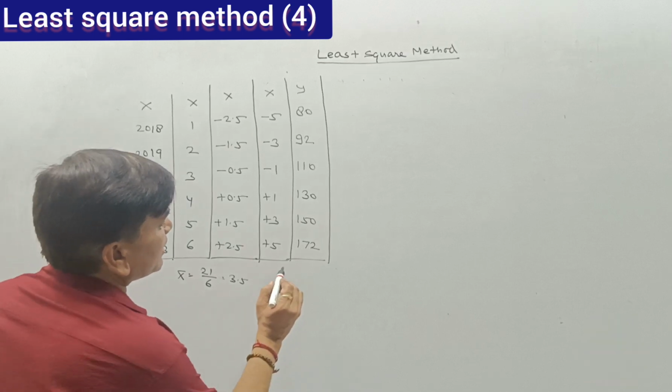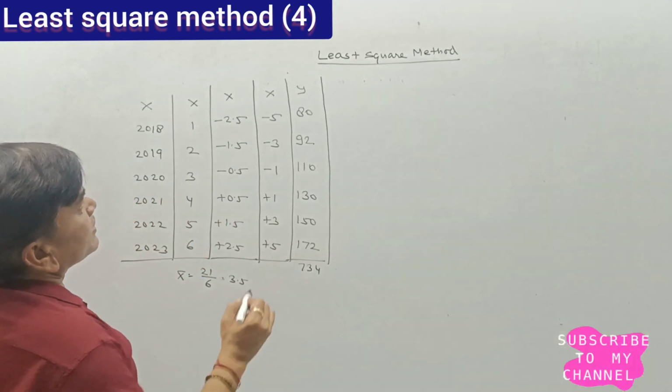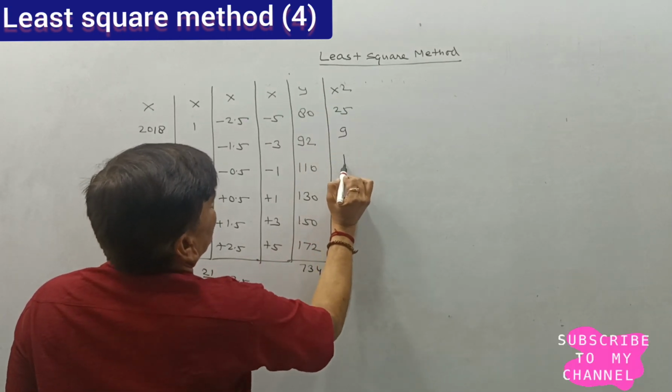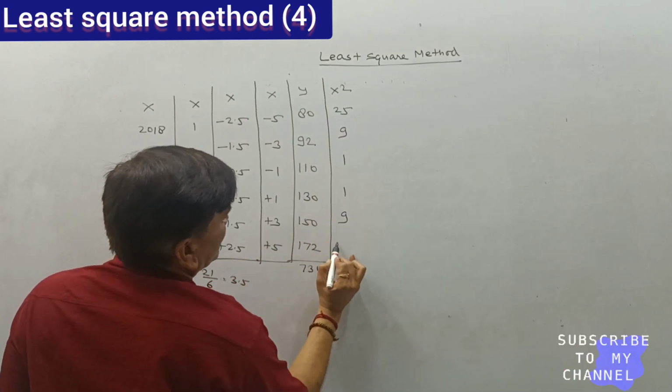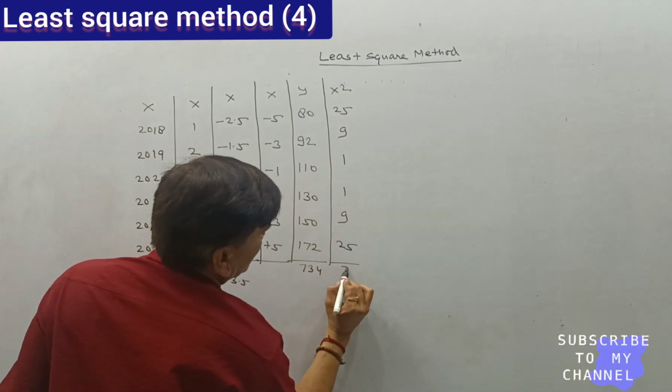So that is 734. And the value of x square is 25, 9, 1, 1, 9, 25. Adding, that is 70.